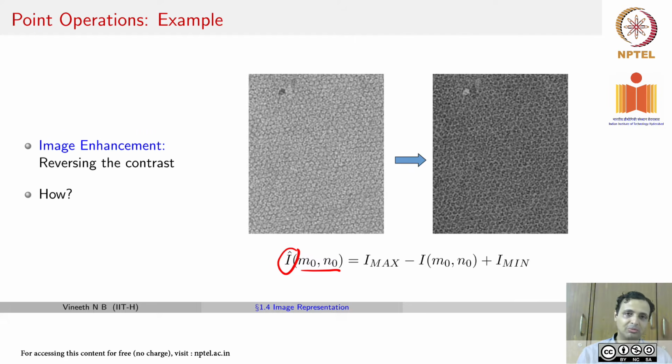So if you had a value, say 240, which is close to white, generally white is 255 and 0 is black, that's going to become 15 because Imax in our case is 255 and Imin is 0. When Imin is 0, Imin obviously does not matter, but this formula is assuming a more general setting where Imin could be some other value that you have in practice.